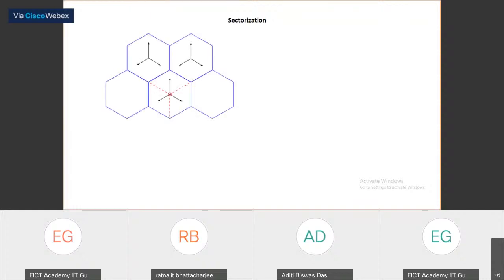The first one: you have a group of hexagonal cells, and now you have rhombic cells. If you put three antennas, one giving coverage to one region and another antenna giving coverage to another, you will usually find a mast containing three arrays forming the shape of a triangle.